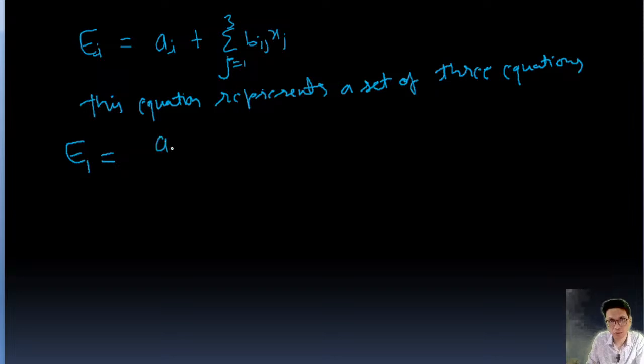So E1 is going to be A1 plus B11 x1 plus B12 x2 plus B13 x3.